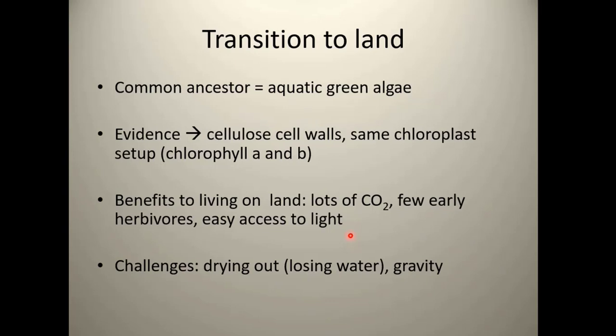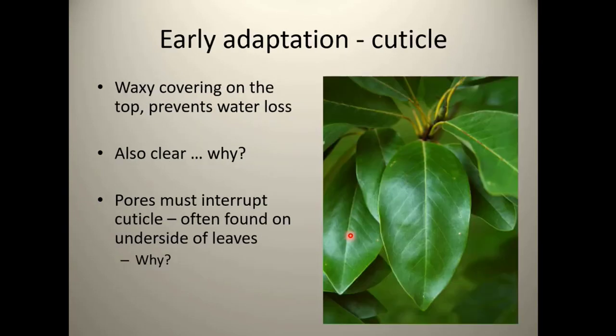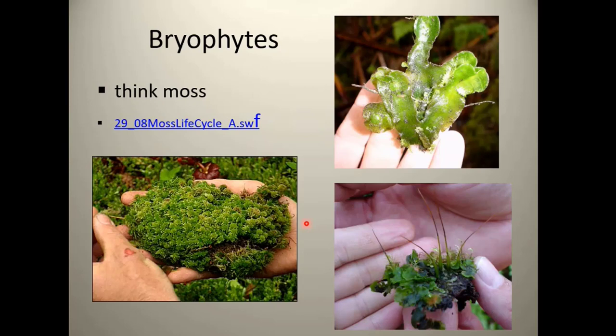But the challenges are that you can dry out, you're losing water, and there's also gravity. There's also adaptation in the leaves, the cuticle, a covering that prevents water loss. It's also clear why the pores interrupt the cuticle and are often found underneath the leaf. Why would that be the case?